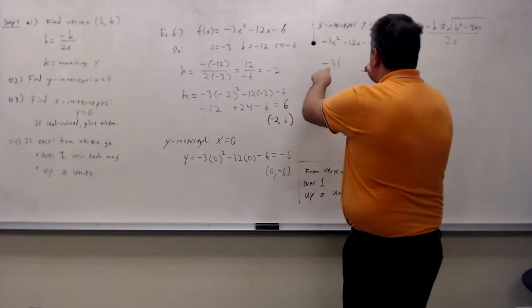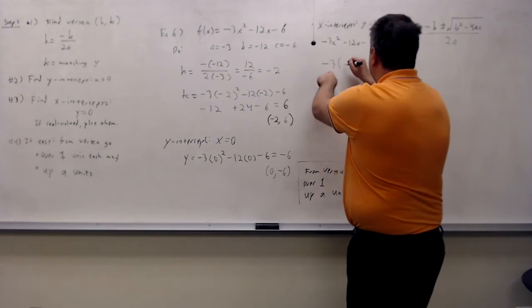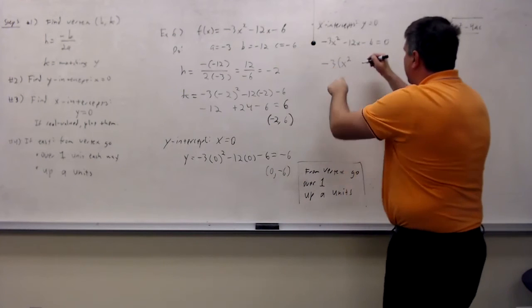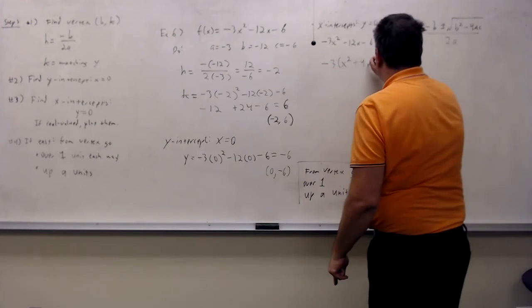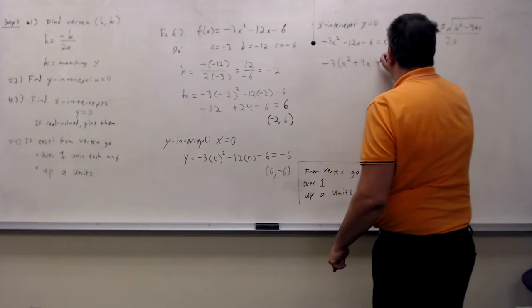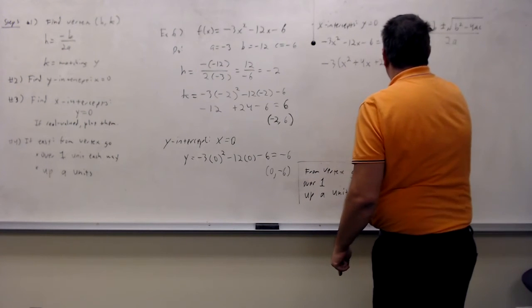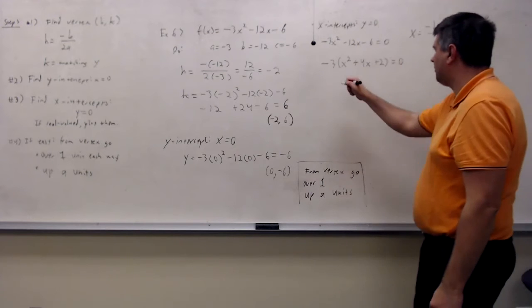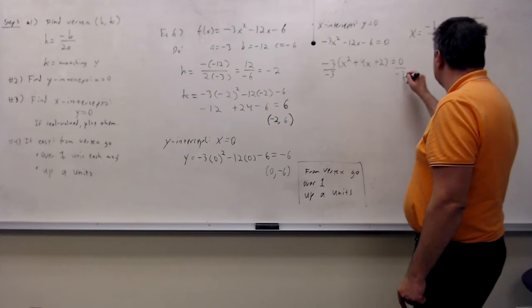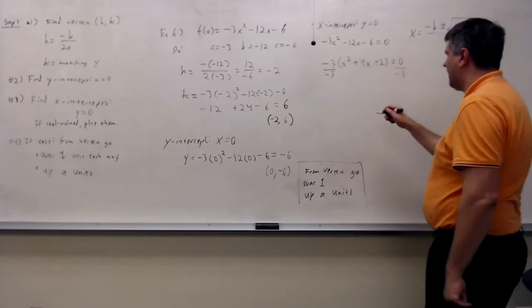That'll leave me negative 3x squared divided by negative 3 is positive x squared. Divide these, I get 4x. Divide these, I get positive 2. Okay? And then I'll divide off that negative 3, still leaving me 0 on this side.